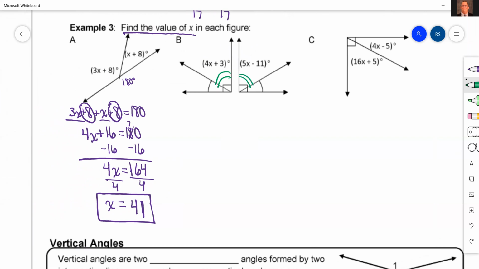And if they're congruent, what's that mean? They're the same. So if they're the same, how can I get x? Oh, you're telling me I can set them equal to each other.